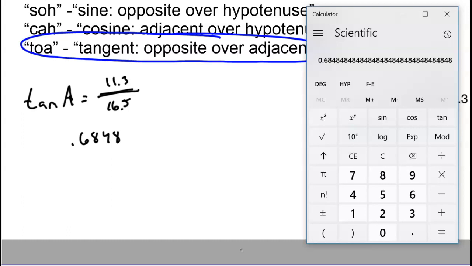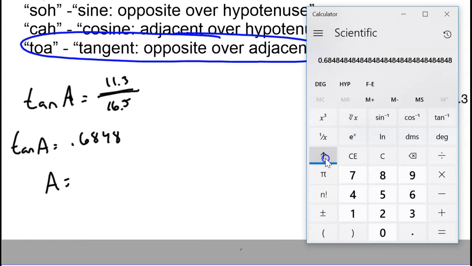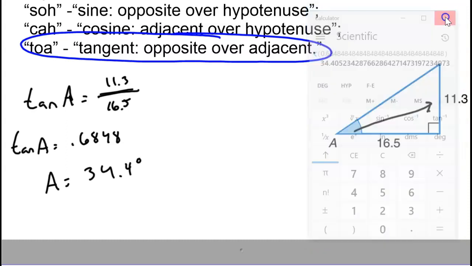But it's asking for A, which is an angle, and this is still in tangent of A. So remember, if it's still in tangent of A and you want the actual angle, just go to your inverse and make sure you're using the correct function, tangent. And the angle is 34.4 degrees.